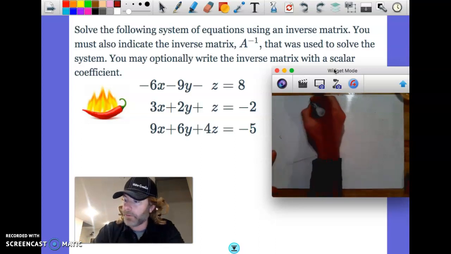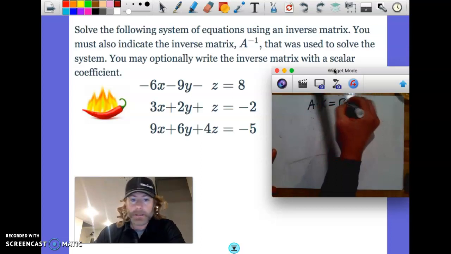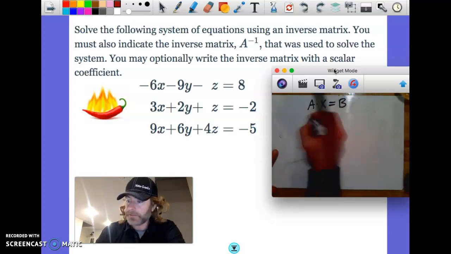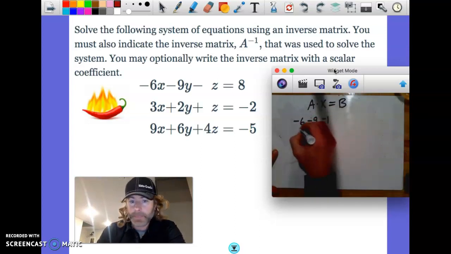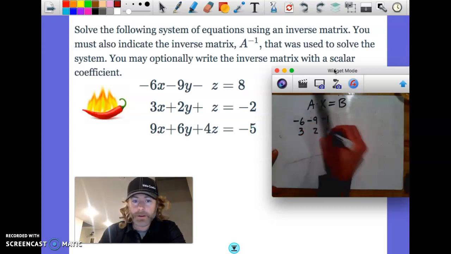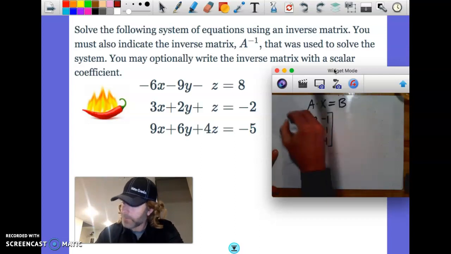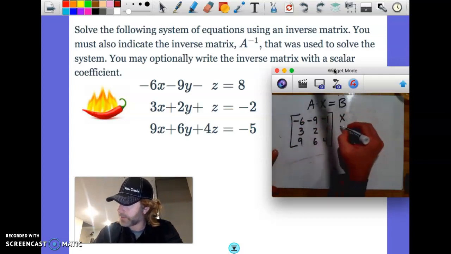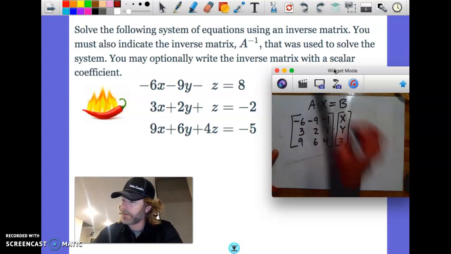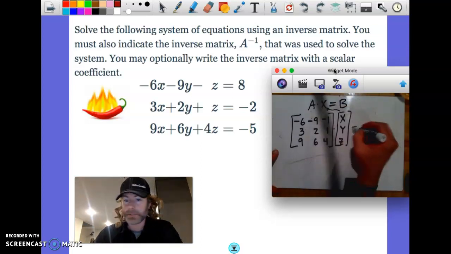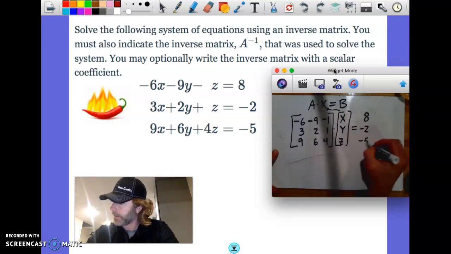But same form, we're going to take the matrix A times X equals B. A is going to be our coefficient matrix, so minus 6, minus 9, minus 1, 3, 2, and 1, 9, 6, and 4. Now matrix X is X, Y, and Z. That's the three variables that represent matrix X, and then matrix B is the constants. 8, minus 2, and minus 5.